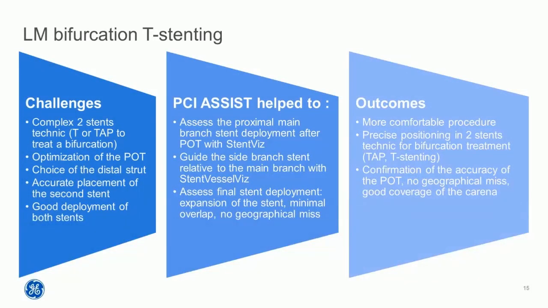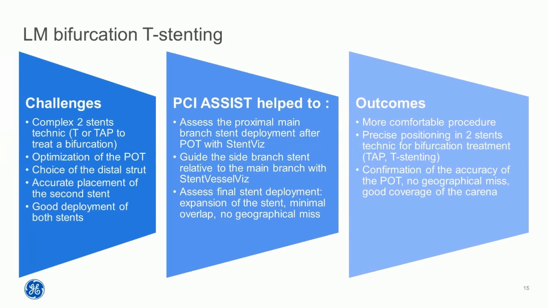So the challenges were the position of the second stent in case of two-stent technique for bifurcation lesion, the optimization of the POT technique to be sure that the stent is well open, and the choice of the distal strut of the bifurcation to optimize the coverage of the ostium with the stent of the main vessel. PCI Assist was really useful for all these steps and all these challenges.